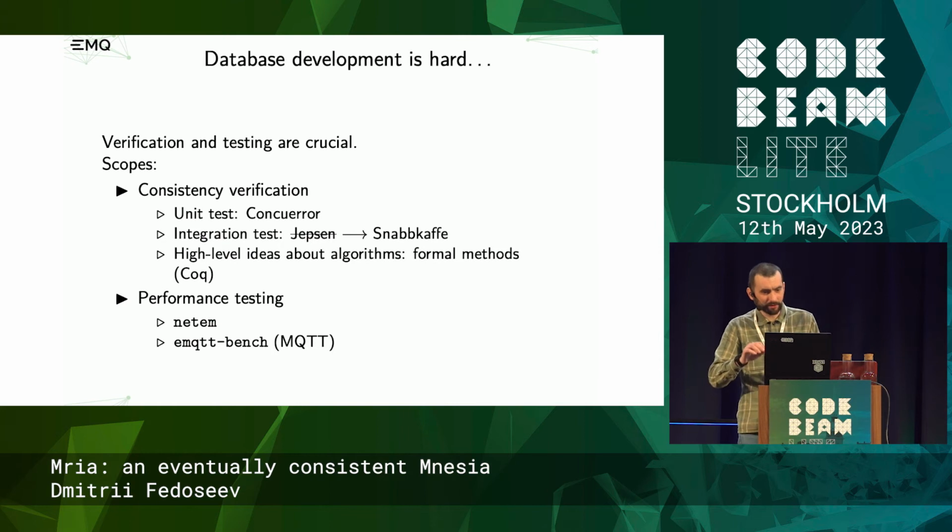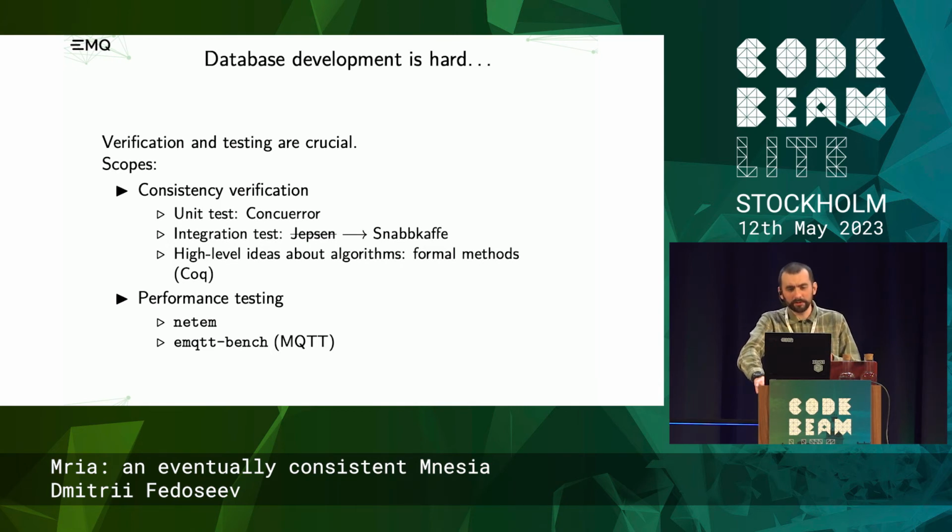So database development is very hard. And as I mentioned, bugs in a database engine can cost a fortune. So building an extensive test suite was a top priority. For unit testing, we try to use Concuerror as much as possible.